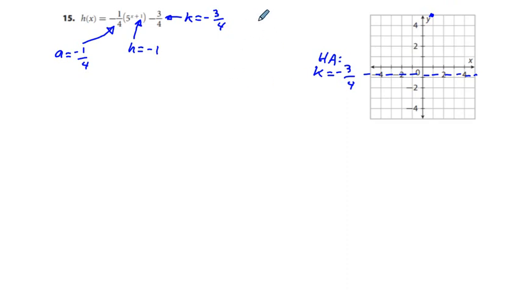And then, as far as our parent function goes, we'll call this f of x equals 5 to the power of x. And so for x, f of x in our parent function, we're going to have (0, 1) and (1, 5).